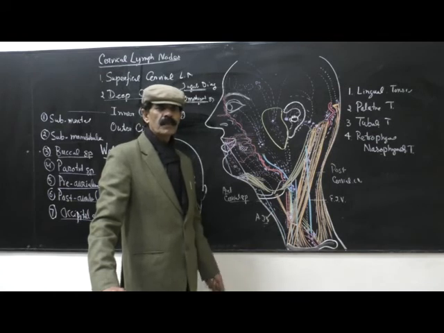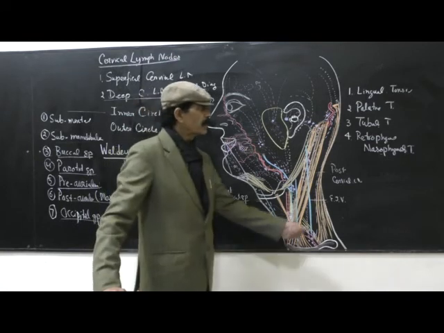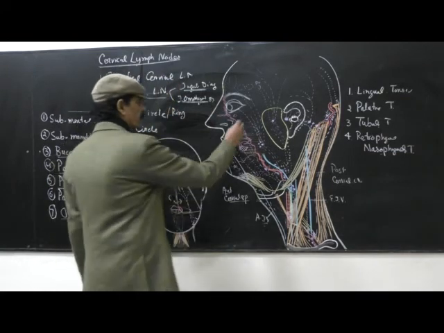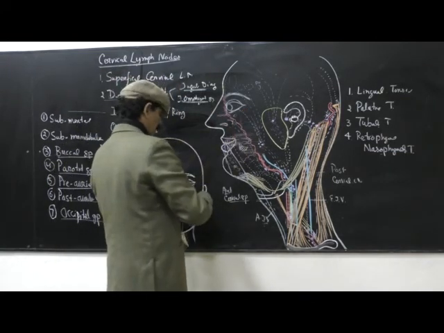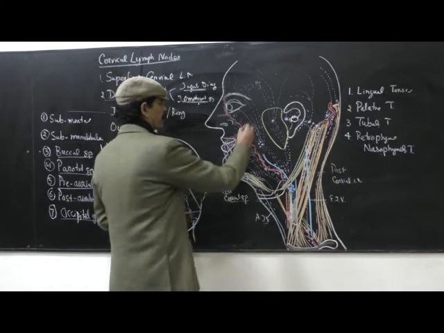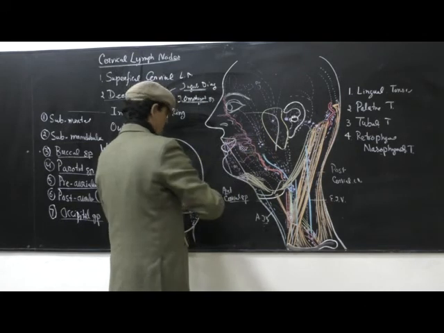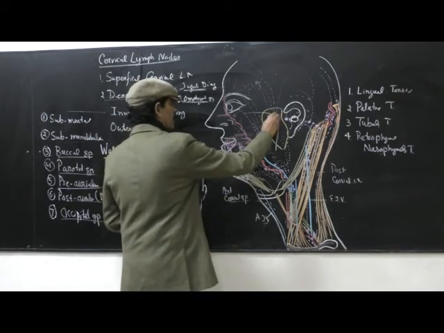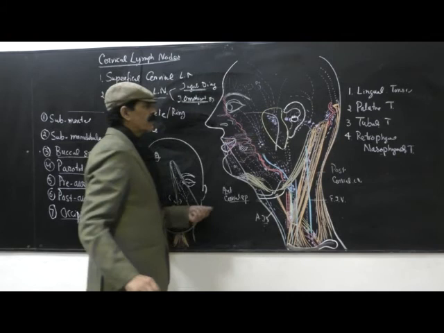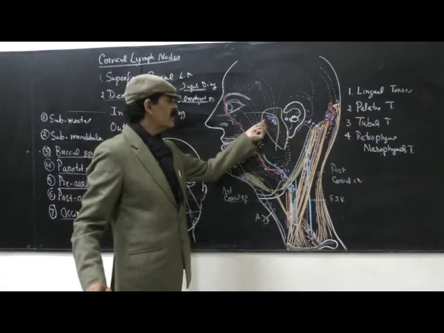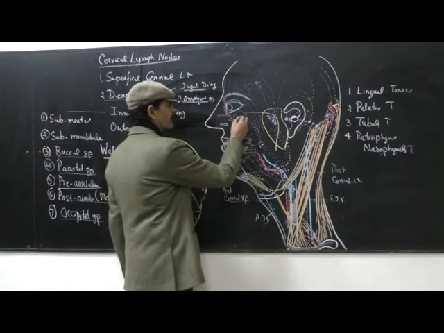And the nasopharyngeal tonsils are present in the posterior part of the nasal cavity, in the upper part of the pharynx, at the junction of the roof and floor. Here lies the lymph node that is called the nasopharyngeal lymph nodes, whose applied aspect is adenoids.